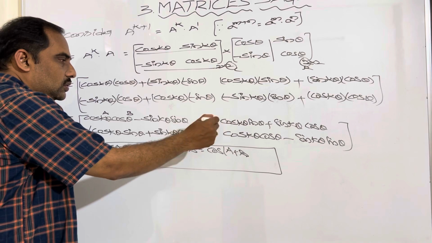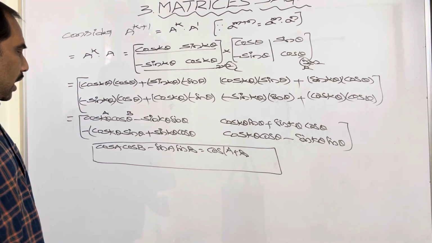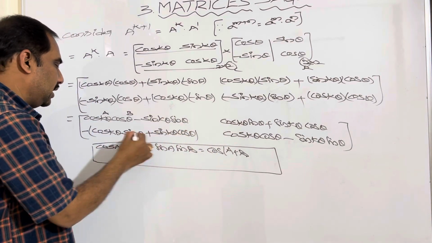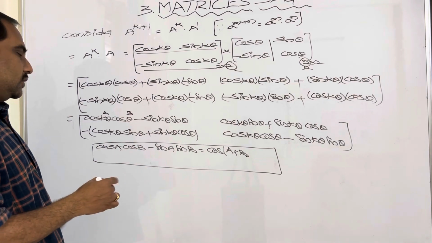And for the first row second element and the second row first element, both have the same formula.